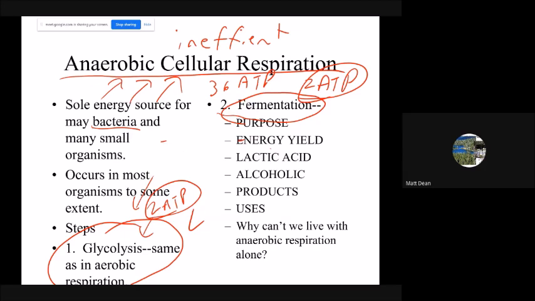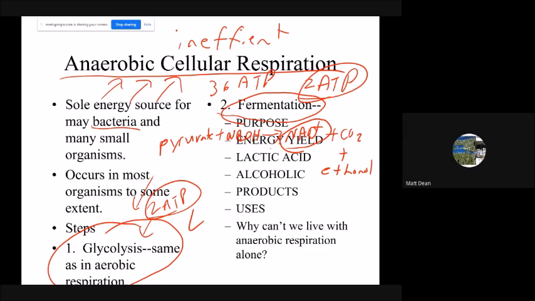So for fermentation, there are 2 types that we talk about in living things: alcoholic and lactic acid. In alcoholic fermentation, essentially what the cell does is it takes the pyruvate. It also takes the NADH generated from glycolysis, essentially reacts those together, and produces NAD+, which is the purpose of fermentation. And as waste products, it generates some carbon dioxide and some ethanol.